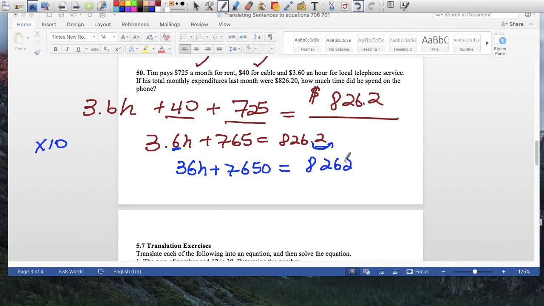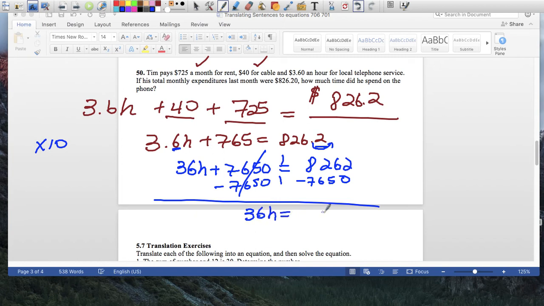That equals 8,262. Going backwards, the inverse operation is going to be subtract 7650 here, subtract 7650 here. These two go adios. 36h comes down. If you subtract this, you get 2, 1, and 12 minus 6 is 6, 612. Divide both sides by 36 now.